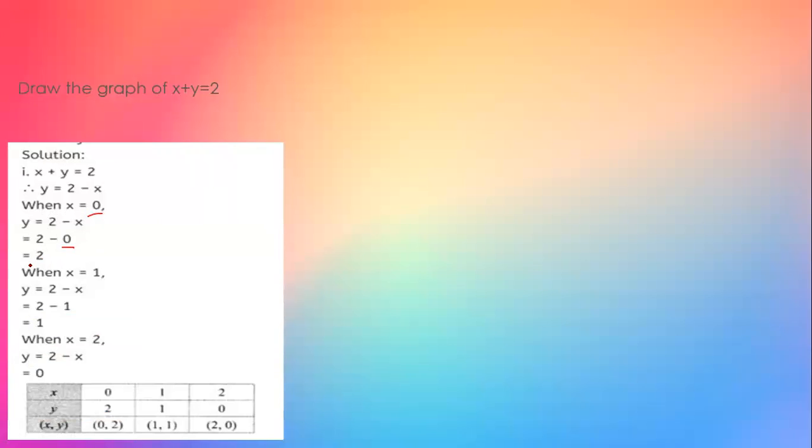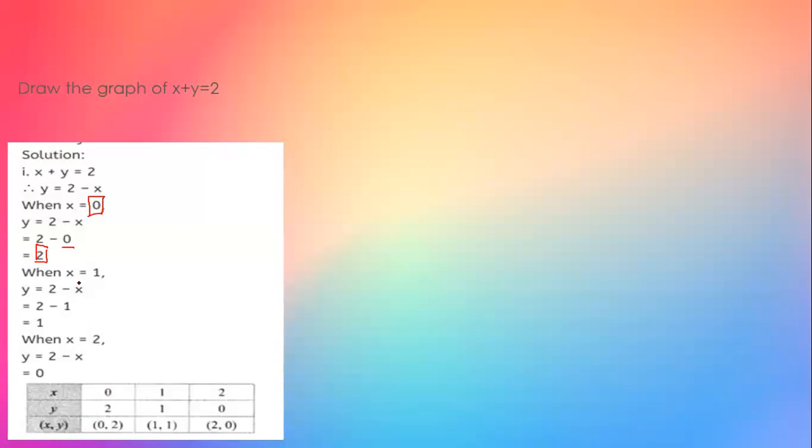The answer will be 2. So these two values, that is 0 and 2, we will write in the table. This table will help us to plot the points on the graph. Okay. So you can see here I have written 0, here 2 and here 0, comma 2.